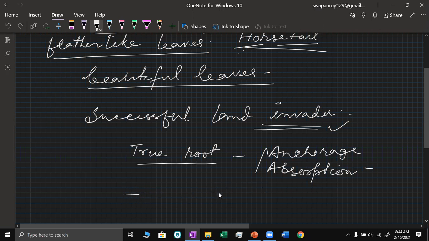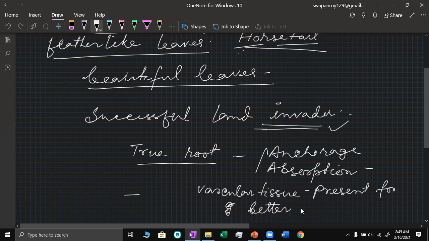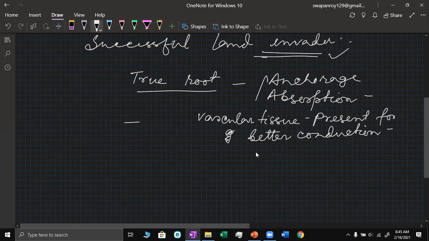Good conducting system is the vascular tissue present for better conduction, and they have tissue differentiation.